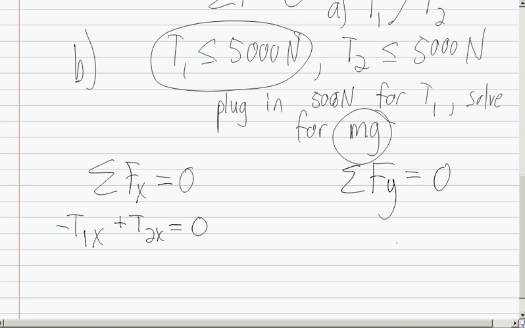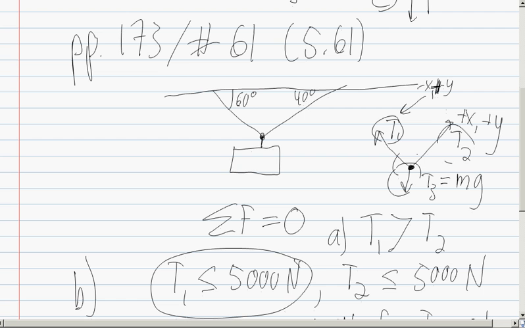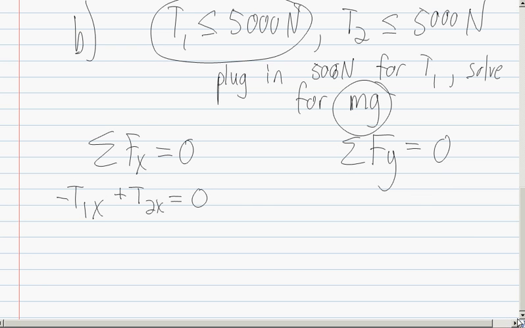Those are the only two horizontal forces. The mg only pulls vertically, so here we have T1y plus T2y minus mg equals 0. That makes sense because this is pulling up, this is pulling up, this is pulling down.